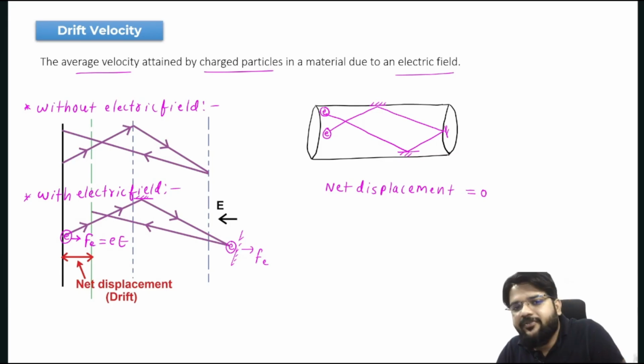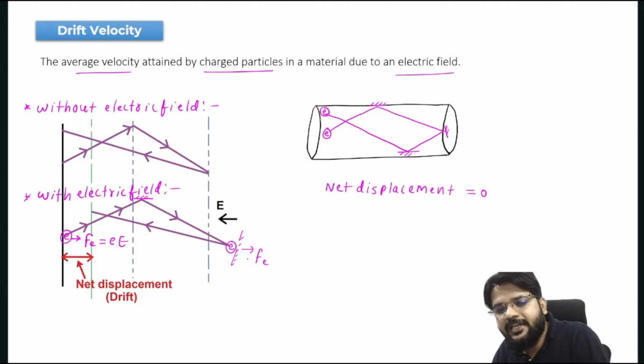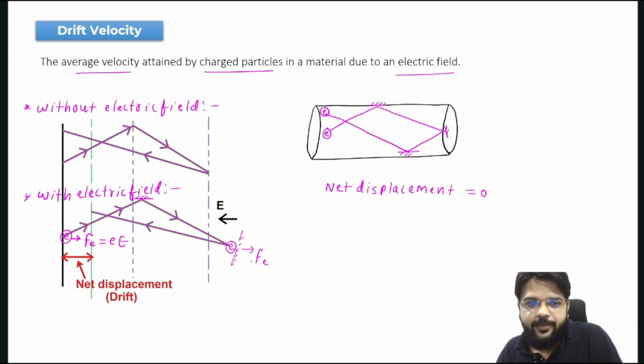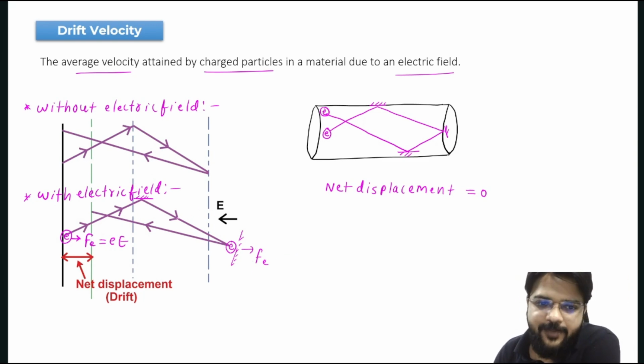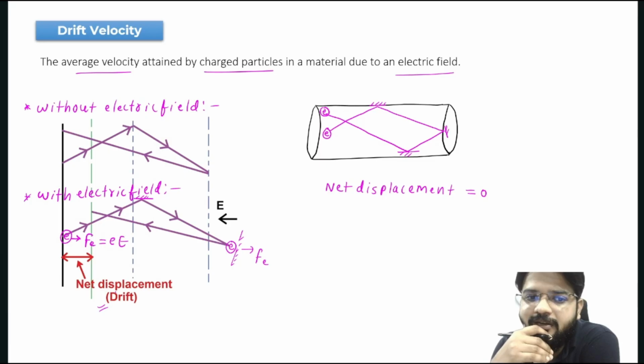When it is going in the backward direction, it is decelerating, and when it is moving in the forward direction, it is accelerating. That's why it travels extra distance forward and less distance backward. So due to this, we get net displacement, and this net displacement is known as drift. Correct, everyone? I hope it is clear why we get net displacement when an electric field is present.